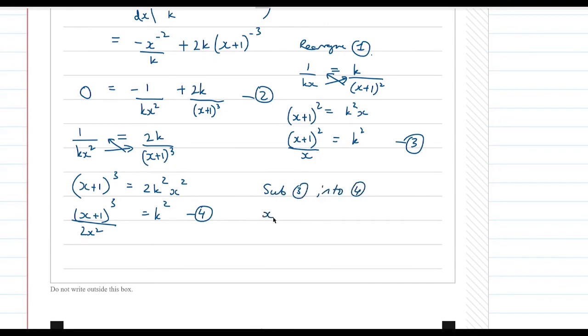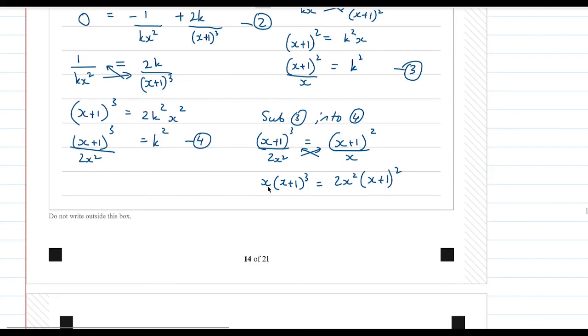We have x plus 1 cubed over 2x squared equals k squared, which is the same as x plus 1 squared over x. Again, I'm going to cross multiply. So we have x plus 1 cubed equals 2x squared times x plus 1 squared.